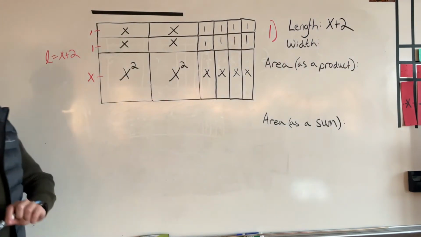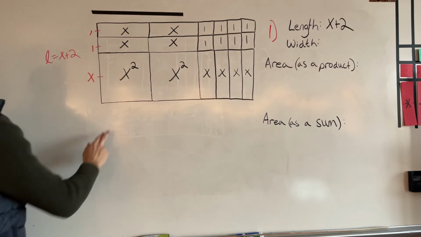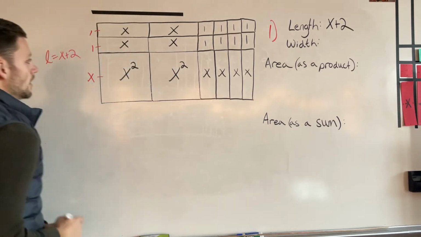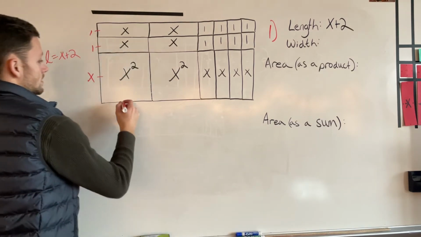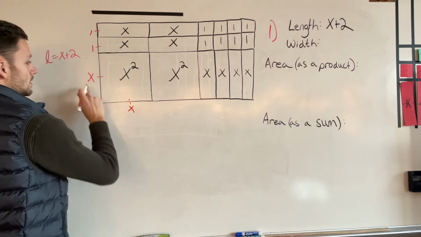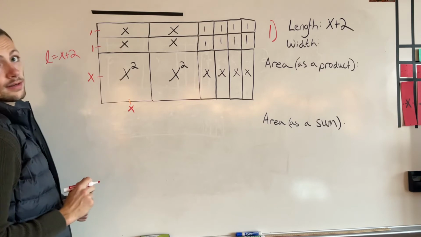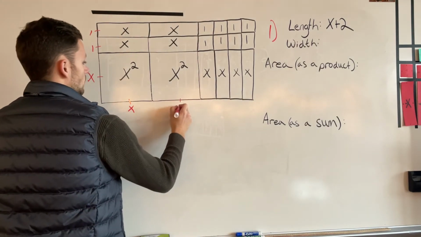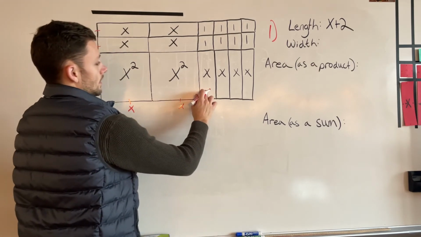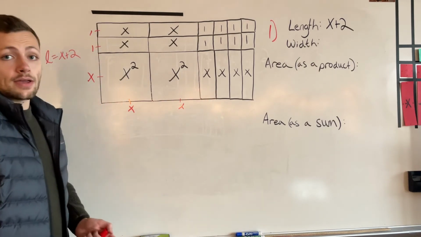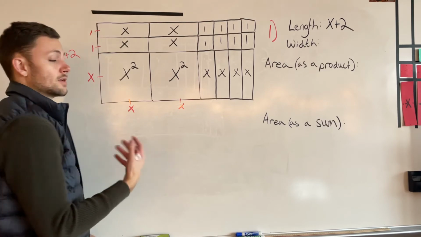Now, when it comes to the width, I need to take a look at this lower side. I've got an x squared tile, and I already know that this side length right here has got to be an x, because x times x is x squared. This also has to have a length of x. This x tile has an area of x, so its dimensions are x times 1.